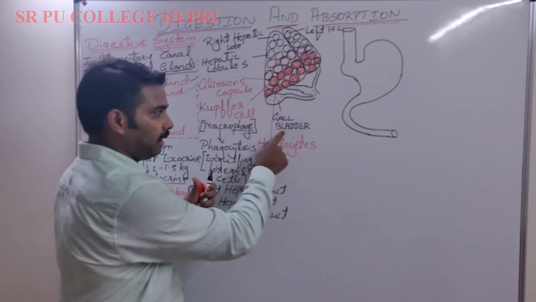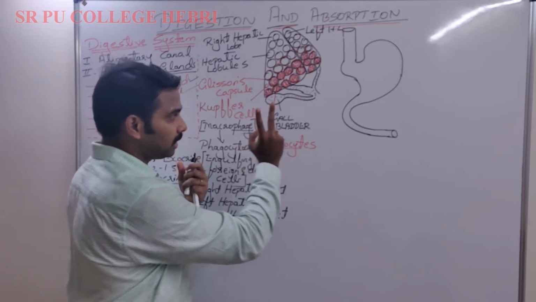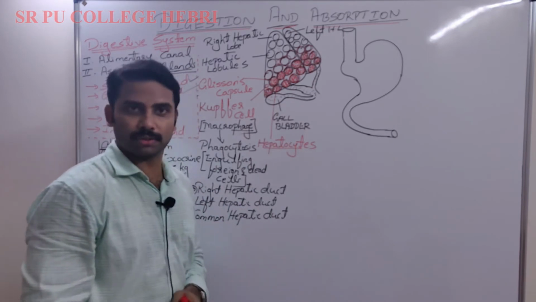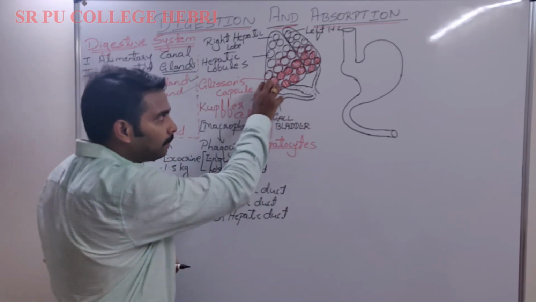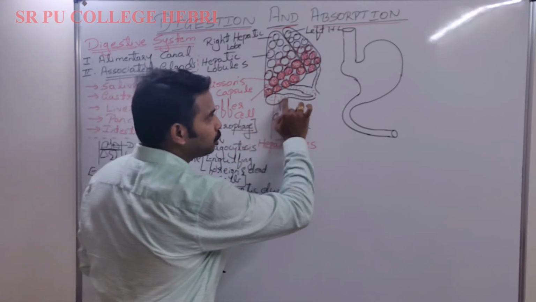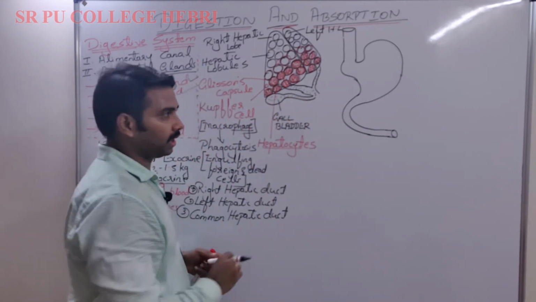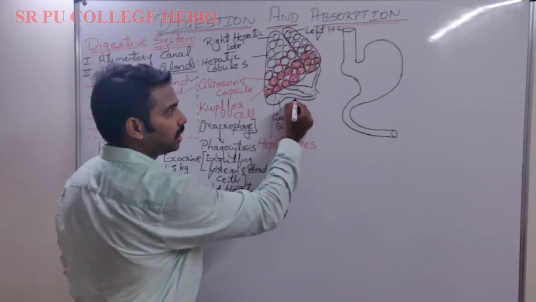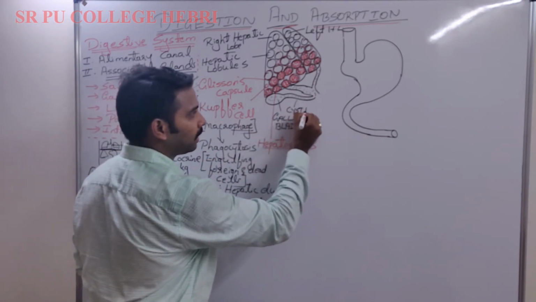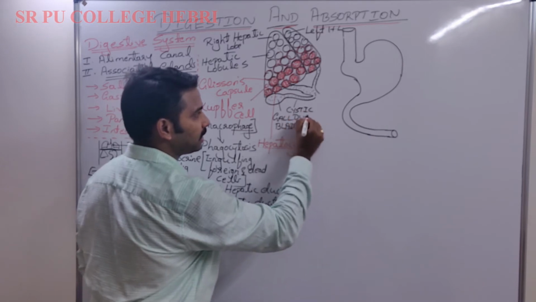So number 1 helps in storage of bile juice. Number 2 helps in concentration of the bile juice. When this gallbladder is contracted, again that bile juice will pass out, okay, through its duct. What is this duct of the gallbladder called? One more question. Cystic duct.